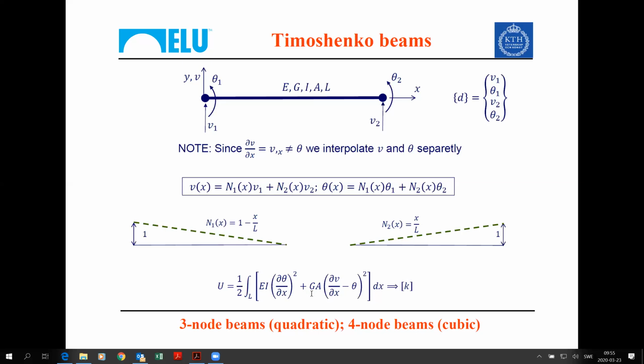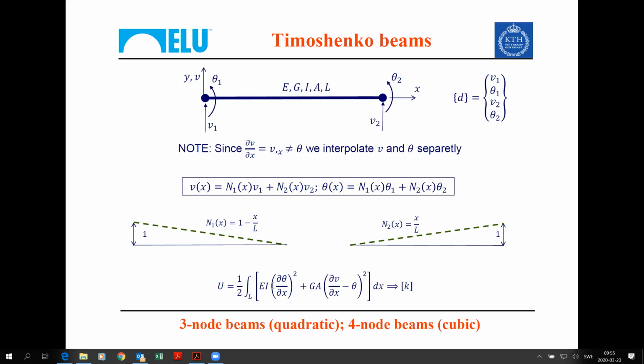And now you see that we have the shear modulus, which comes into play because this is the shear strain; we need to compute the energy associated with the shear strains. So EI for the bending part, GA for the shear strain energy. And that will give us the matrix K.